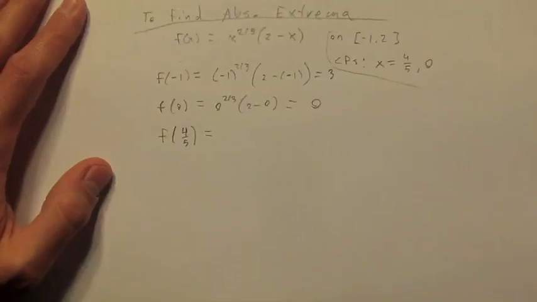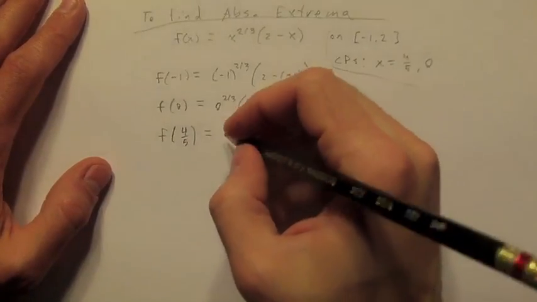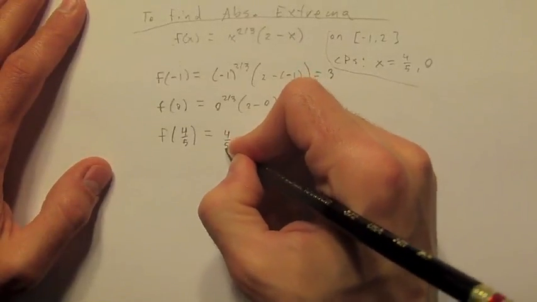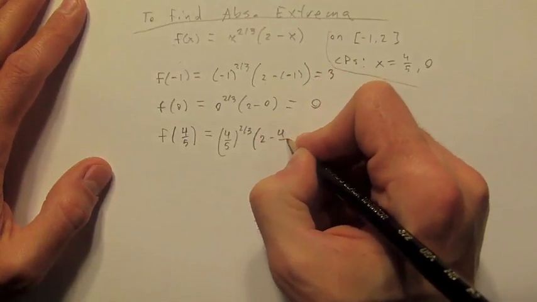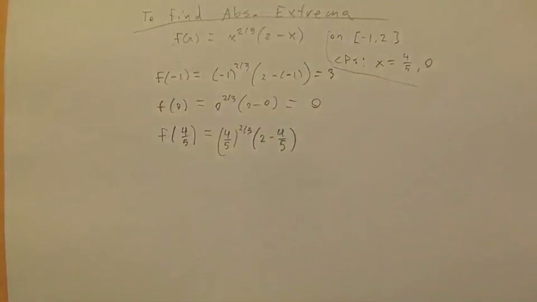When I plug in 4/5, it's going to be 4/5 to the 2/3 times 2 minus 4/5. And this is one I think my calculator might help me out with. 4/5 to the 2/3 times 2 minus 4/5.